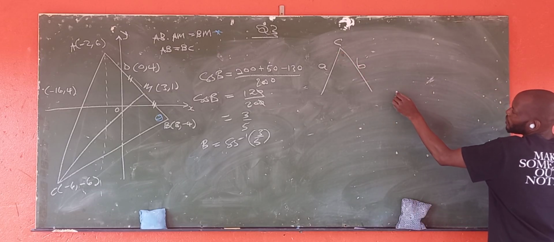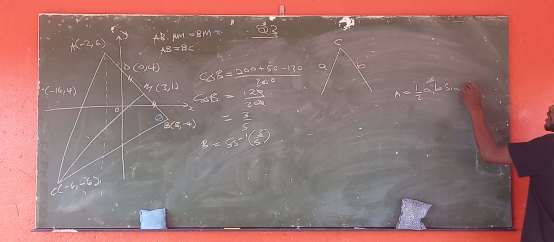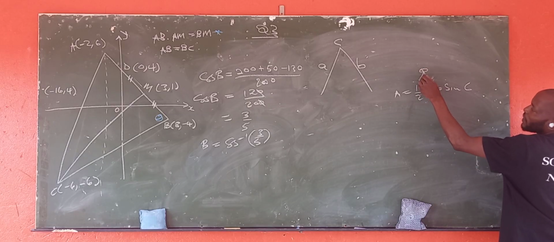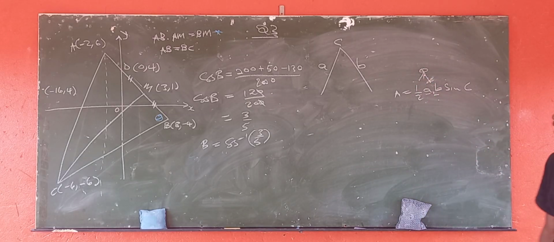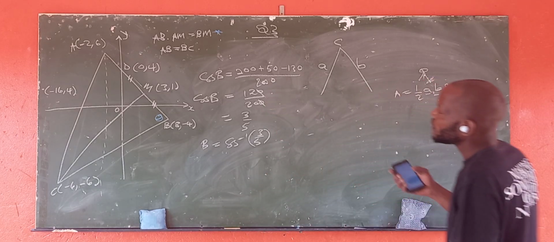So the area of the triangle is half ab sine of C: half the product of the two sides that meet at the vertex, and the sine of the angle between them.